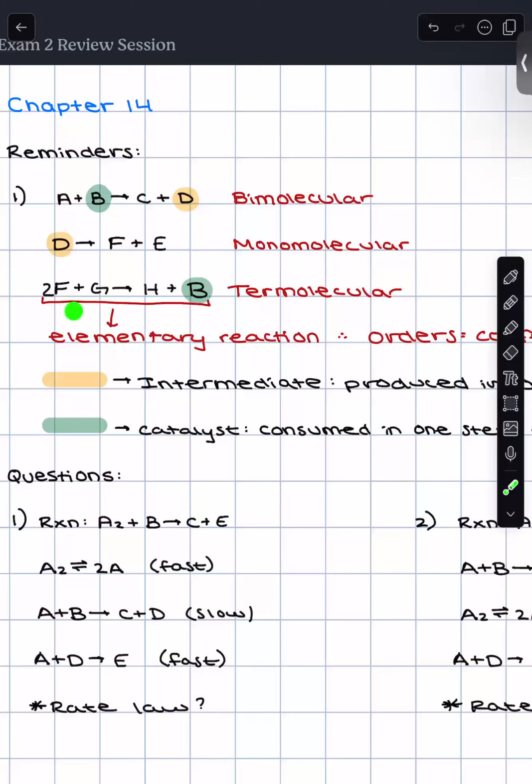The one thing I want to emphasize is that it's not about the number of different species that you have, it's about the number of particles. This one in particular has two F's and a G, and I just chose random letters to represent the reagents, that all combine to give you your product of H and B.